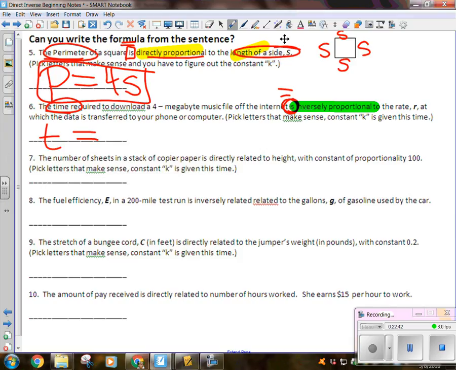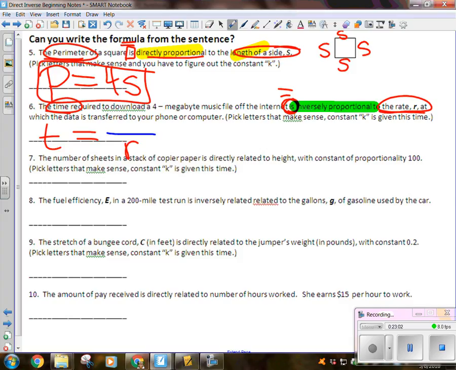I don't need the 4 yet. Inversely proportional. I have to have a bar on this one. So put a bar. What are you going to put on the bottom of the bar? Is it inversely proportional to what? The rate. Rate R. So rate goes on the bottom.